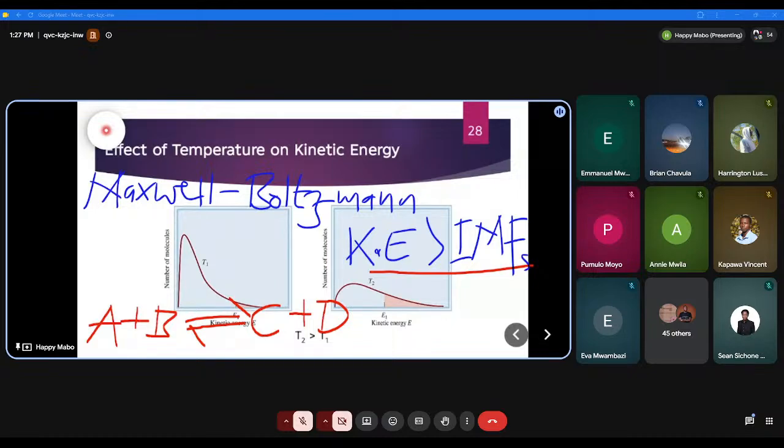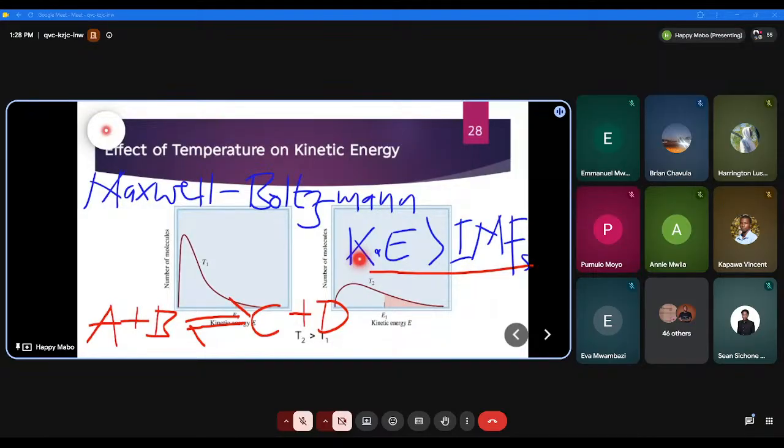If you're looking at a very simple setup where you have molecules that are trying to escape from a surface through a process that we refer to as evaporation, the higher the kinetic energy, the weaker the intermolecular forces of attraction holding the particles together are going to be, and the easier it becomes for the particles to rise from the surface. So in other words, the rate of evaporation increases with temperature.